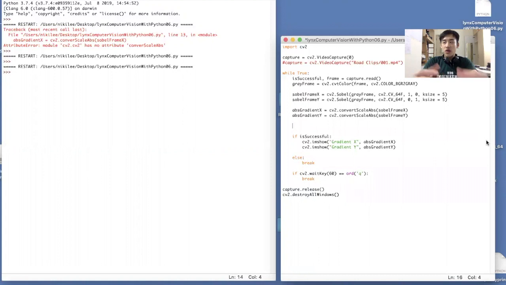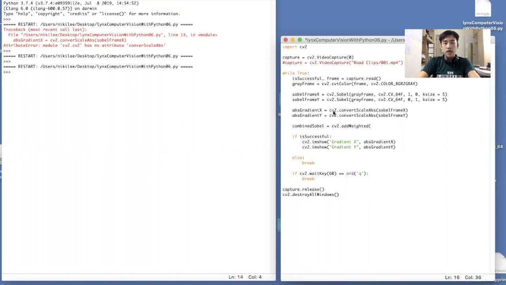To do that, we will use one function, maybe we call it combine Sobel. For this, we'll do a weighted average of both frames. So we find 50% of each frame. So cv2.addWeighted.